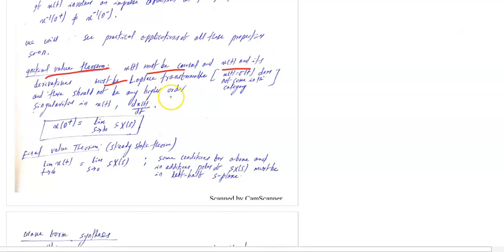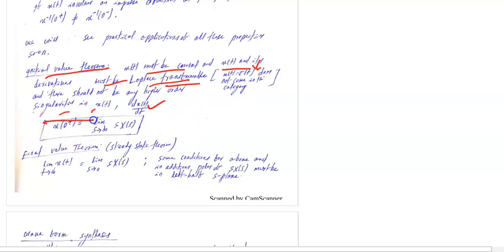Remember that whenever you have an impulse, it does not come into this category, and there should not be higher order singularities in x(t), like the derivative of delta t, all these things.